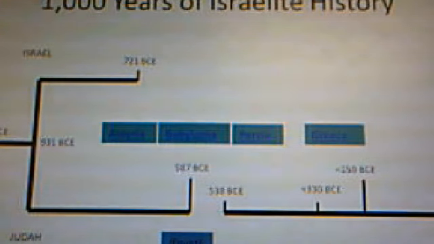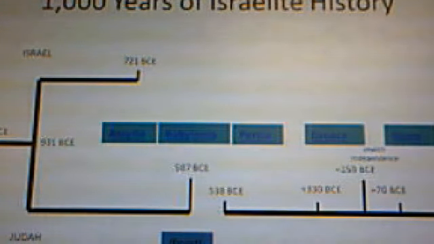Just to leave it on a more positive note, the southern kingdom actually comes back from exile. The Persians take over, and in 538 let the Jews come home and rebuild their temple, rebuild their society. Eventually the Greek Empire under Alexander the Great will take over from Persia. That will lead to the Maccabean revolt and the Hasmonean rebellion against Greece.